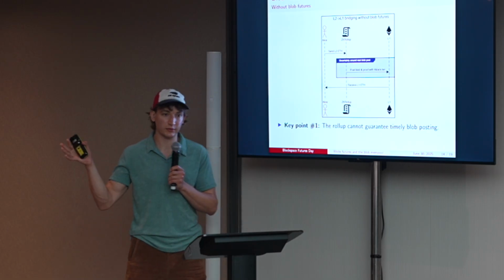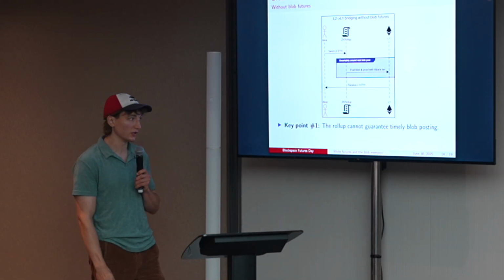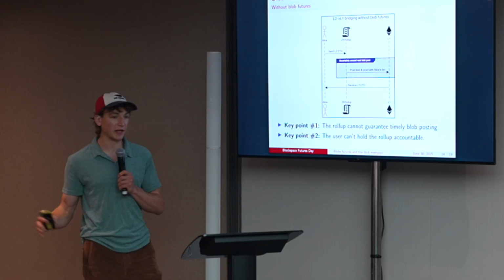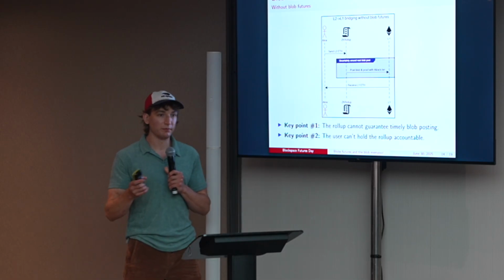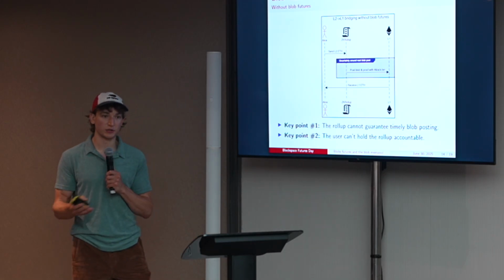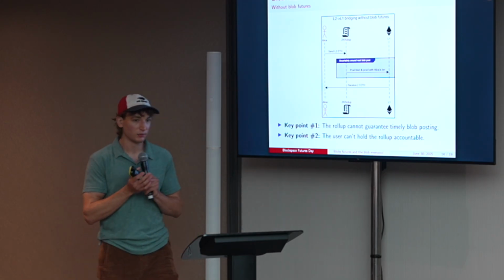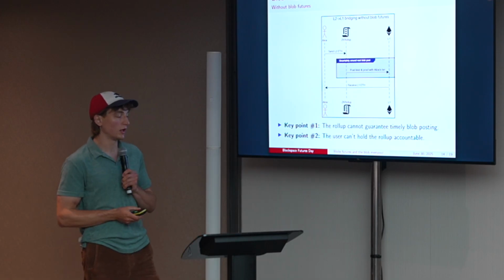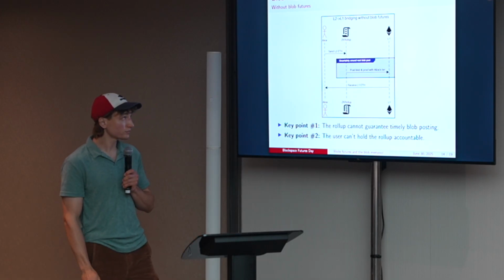They could include 0 blobs for the next 10 slots, and there's nothing that the rollup can do. And on Alice's end, she can't hold the rollup accountable. The rollup can't make any credible commitment to her that it'll do something in time because she has no credible threat of conflict resolution if the rollup doesn't do that.